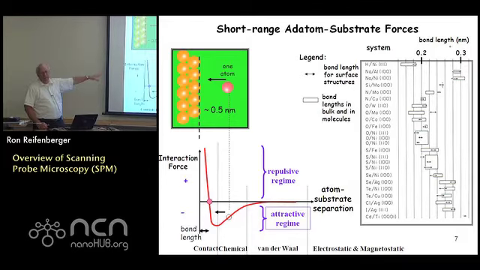Now, how would you measure this force curve experimentally? I mean, why would you believe any of this I'm saying? You believe it because you could make a measurement. And so how would you measure that curve experimentally? Well, it's really hard, right?